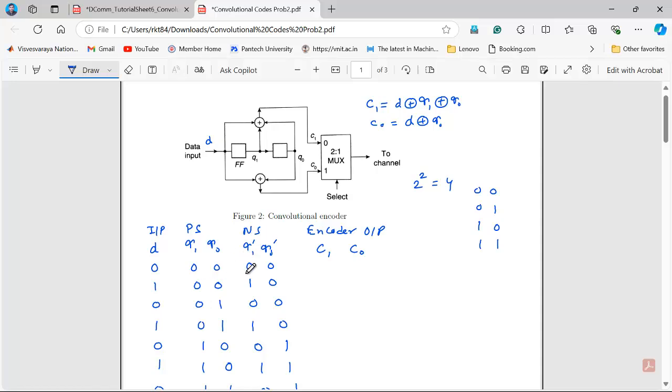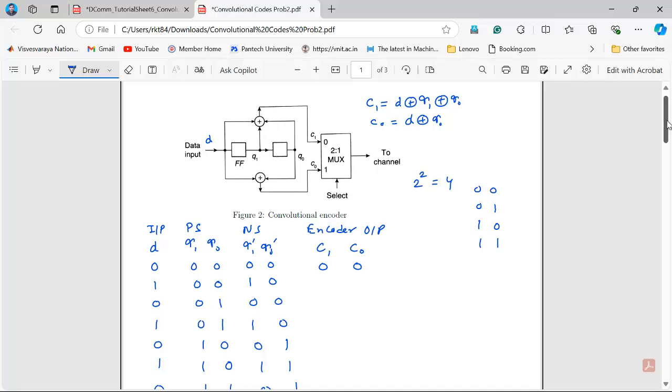The next state will be helpful in drawing the state diagram. For the state diagram we require the present state and next state. But for finding the output, you require the input data and the present state.